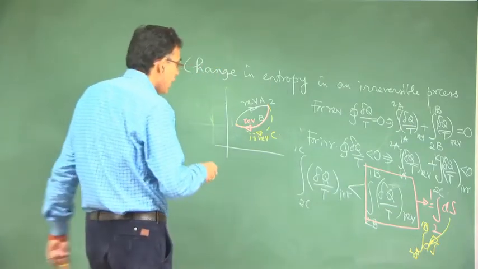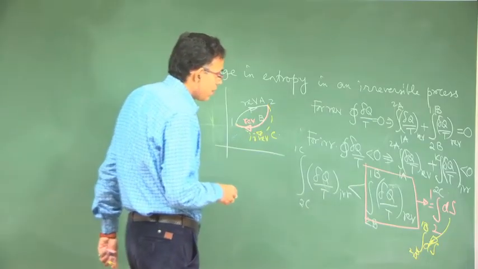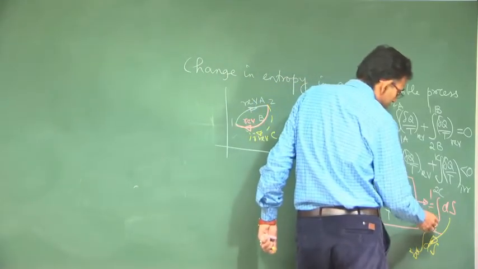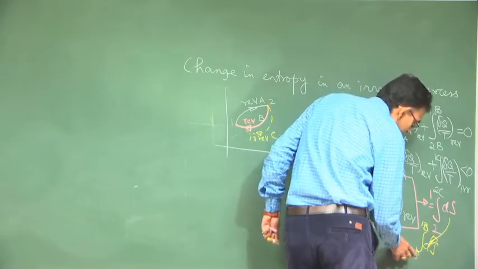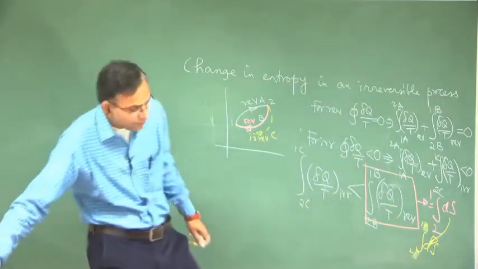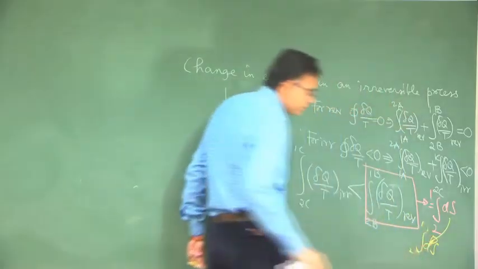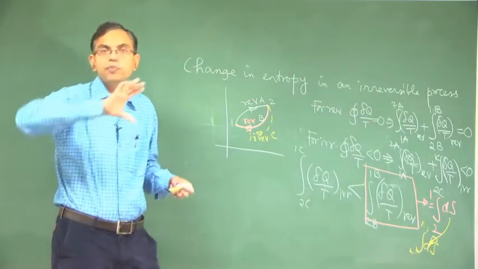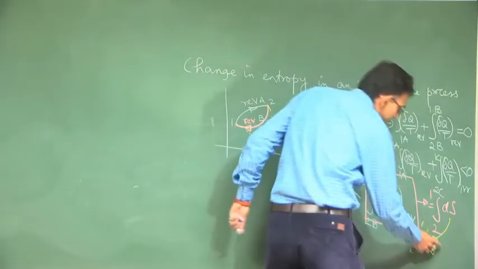So, even if we write C in place of B, that also works. The reason is that between points 2 and 1 it does not matter whether it is path B or path C, it is the change in property.